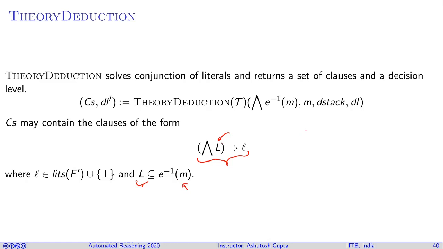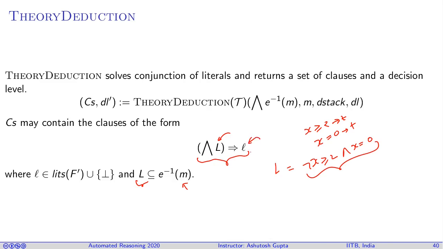Let's suppose you have x greater than or equal to 2 assigned to true, or x equals 0 assigned to false. L may be a conjunction of x greater than or equal to 2, the negation of this, and x equals 0. Something of that sort: a conjunction of literals implying another literal.